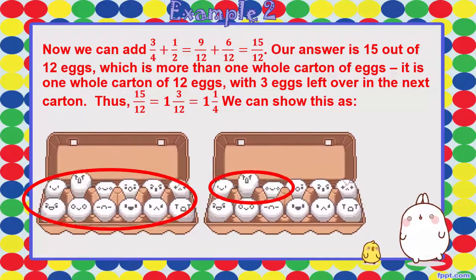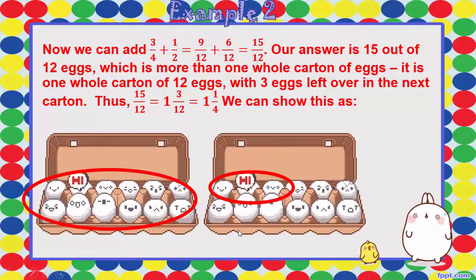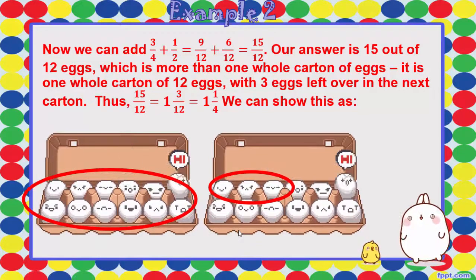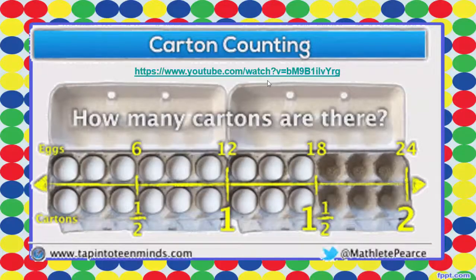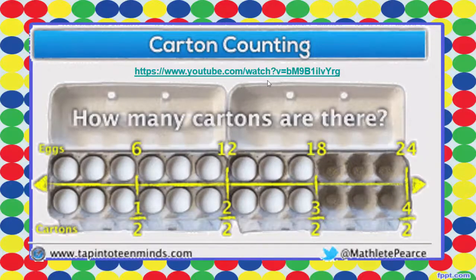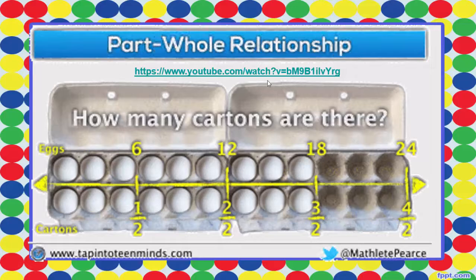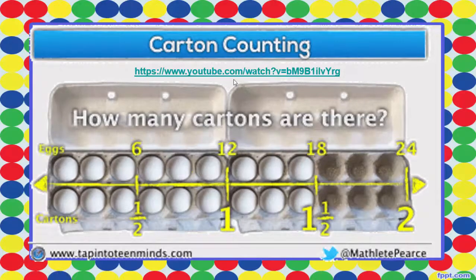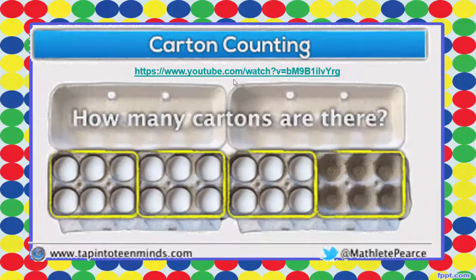And if we simplify this, we see that it's equal to 1 1/4 of a carton. This GIF is about counting cartons, and you can find out more about this on the link that is indicated here, which is also on your PowerPoint and your notes.